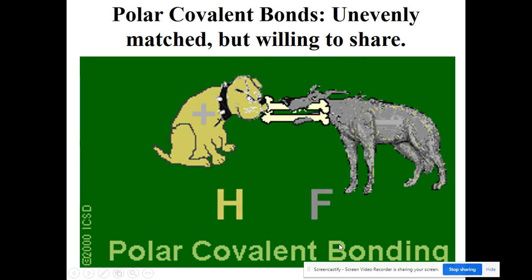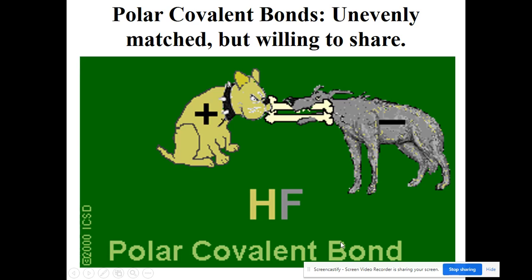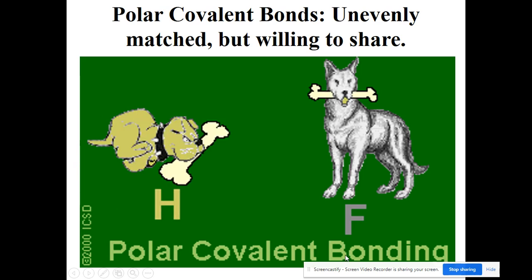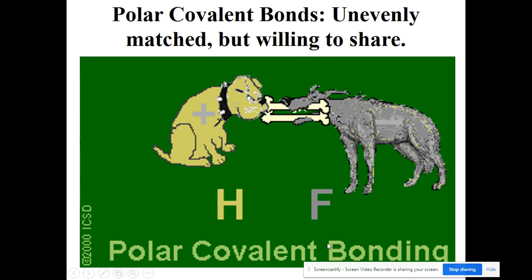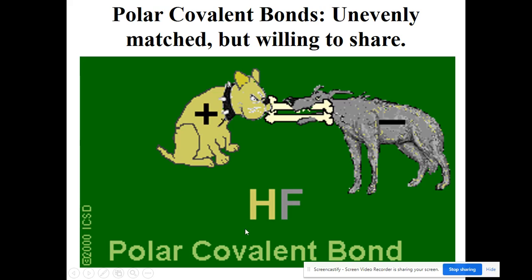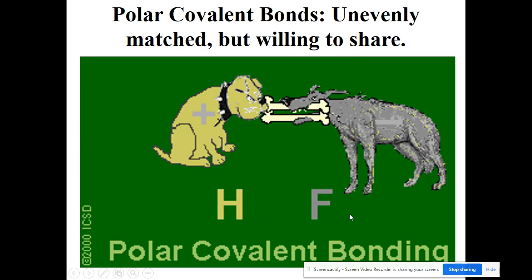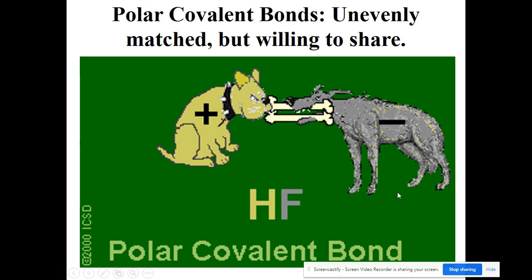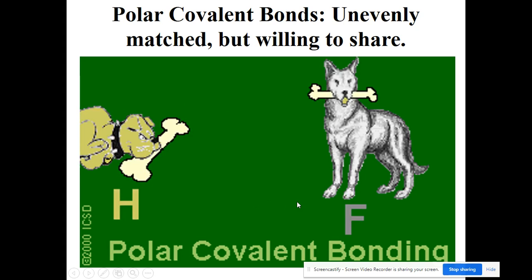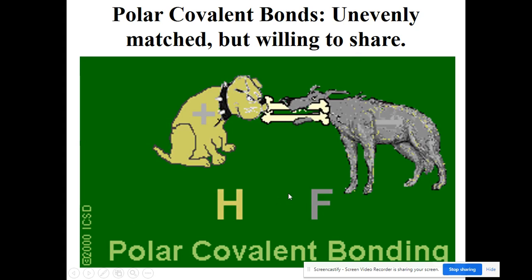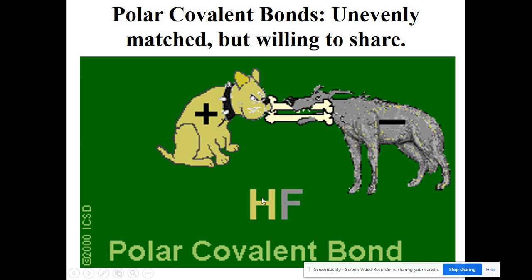And this is what causes the cloud of electrons to be asymmetrical and for there to be more electron density over the more electronegative atom than the less electronegative atom. So these two atoms end up sharing the electrons, but the more electronegative atom gets the electrons most of the time. The less electronegative atom does have the electrons also, but only some of the time.